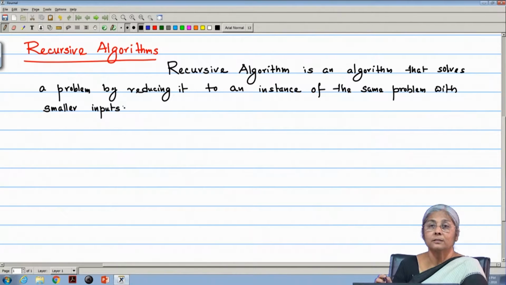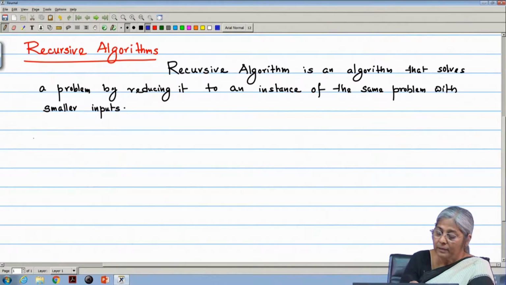So, we define the recursive algorithm: it is an algorithm that solves a problem by reducing it to an instance of the same problem with smaller inputs. Now, if we remember, we have defined the recursive function.